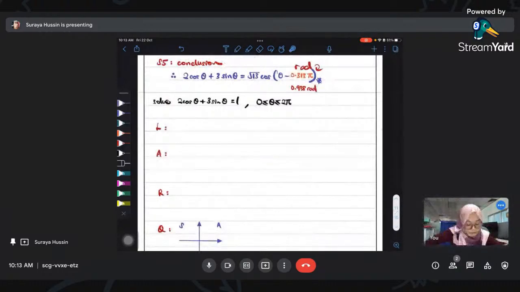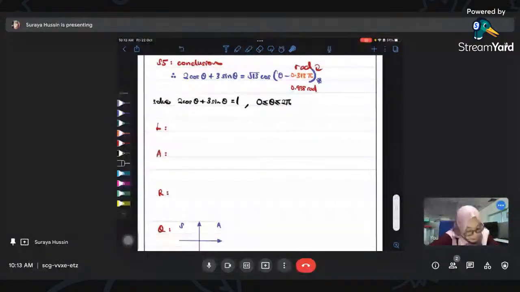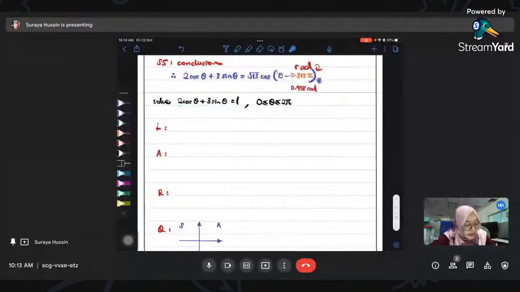So now, solve 2 cos theta plus 3 sin theta is equals to 1 with theta in between 0 and 2 pi.